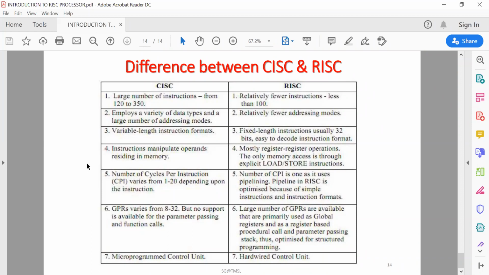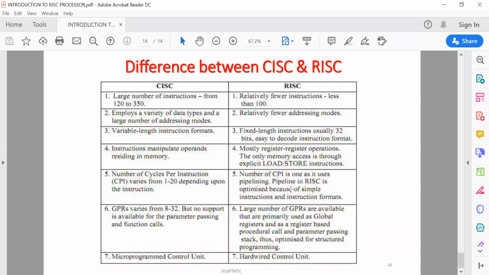CISC instructions manipulate operands residing in memory, but in RISC it is mostly register to register operations, and memory access is only through explicit load and store instructions. In CISC the number of cycles per instruction, CPI, can vary from 1 to 20 depending upon the instruction, but in RISC the CPI is 1 as it uses pipelining.